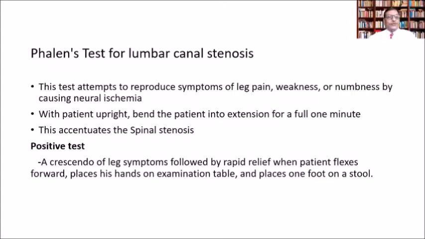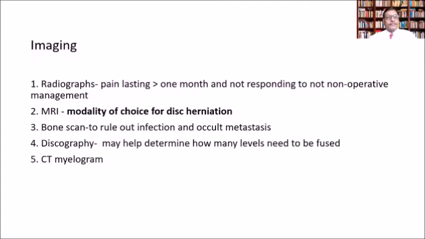This will accentuate the spinal stenosis. Then there will be a crescendo of leg symptoms followed by rapid relief when the patient flexes forward, usually places his hands on the examination table and places one foot on the stool as well. So this is the Phalen test.